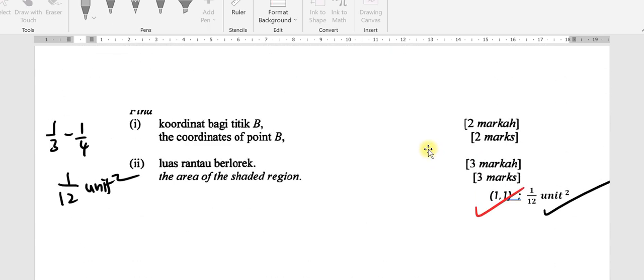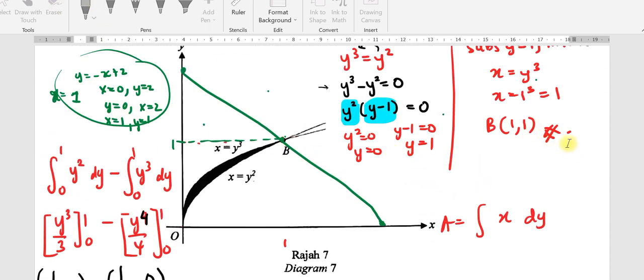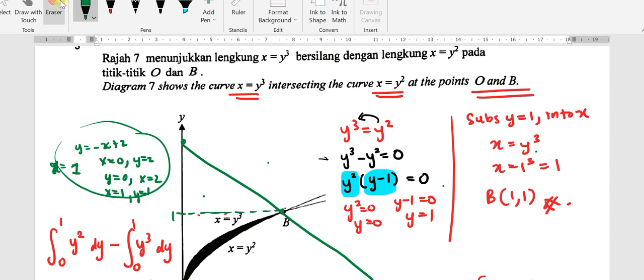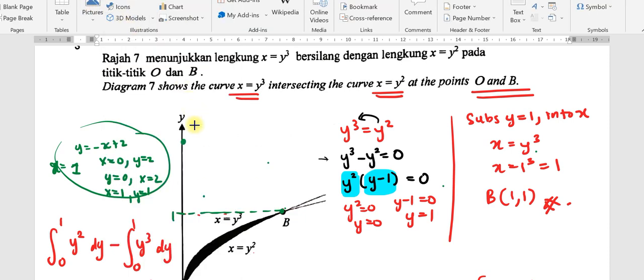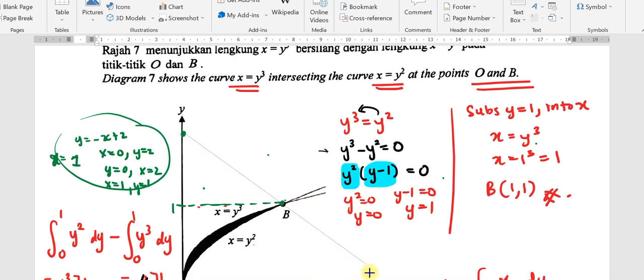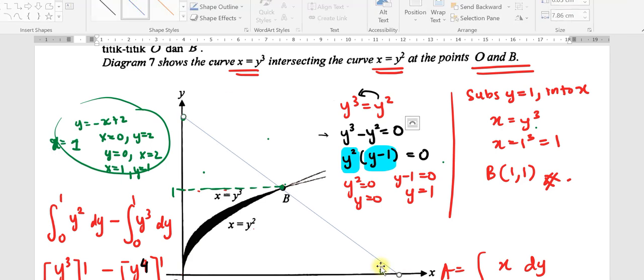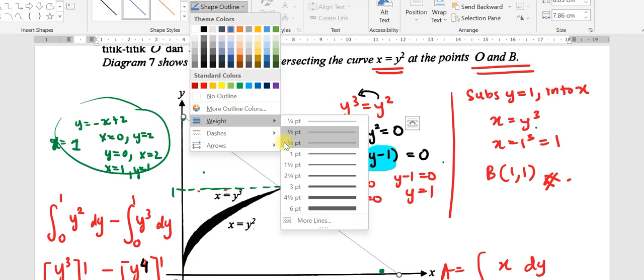Okay, erase. Okay, I'm gonna draw a straight line there. Something here, somewhere here. I just drew it roughly, so you can draw it with a ruler like that.